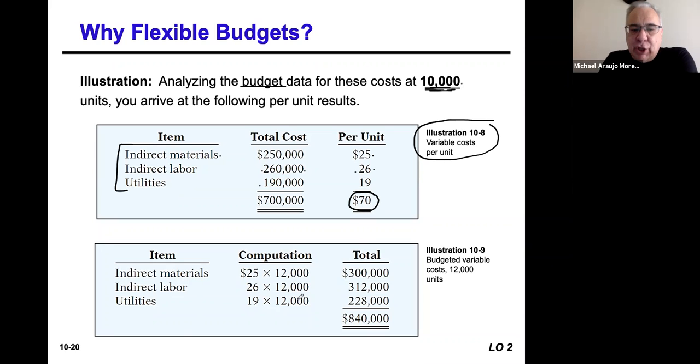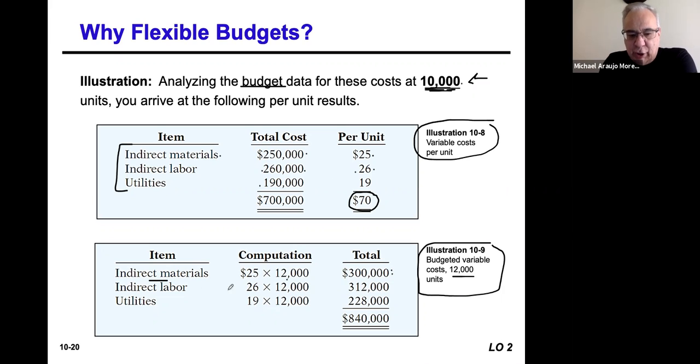So what you need to do is create a budget, knowing your per unit cost, and your original budget was for 10,000, you need to create a new one for 12,000. Once you do that, your indirect materials budget for 12,000 would have been $300,000, not 250.